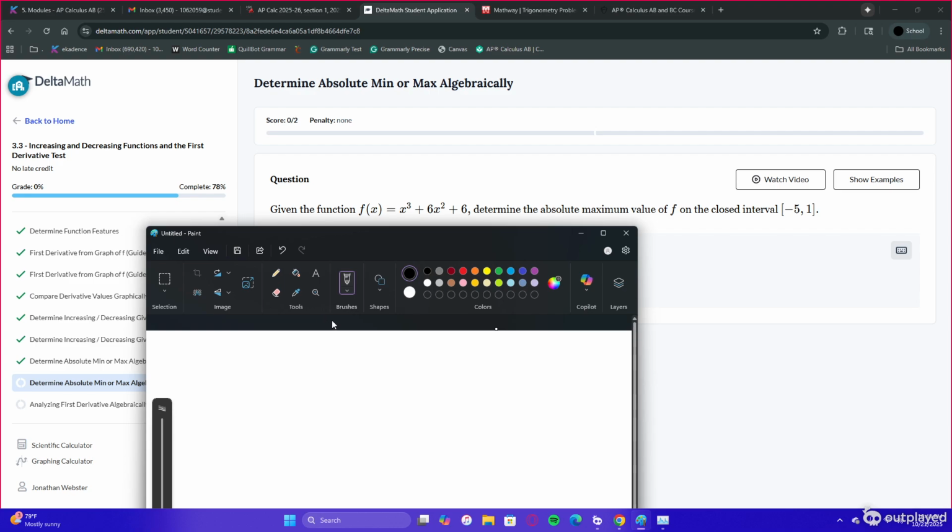Okay, now we're doing the same thing, determining absolute max or min on the interval with the function f. So f of x equals x to the third plus 6x squared plus 6.